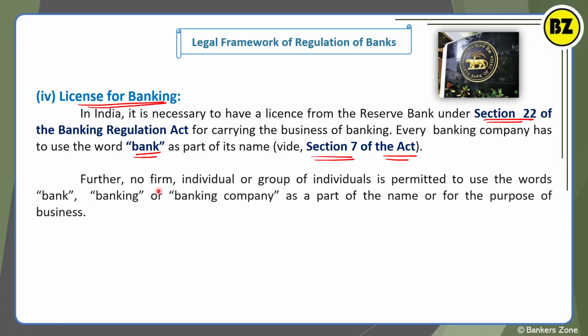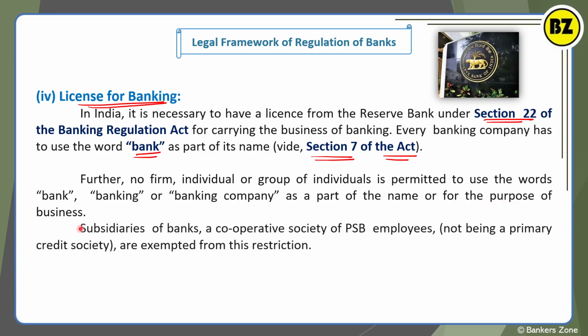Now further, no firm or individual or group of individuals is permitted to use the word bank, banking or banking company as part of their name for the purpose of business. Subsidiaries of the bank and cooperative societies of public sector bank employees, not being primary credit societies, are exempted from this restriction. So anybody cannot use the word bank.